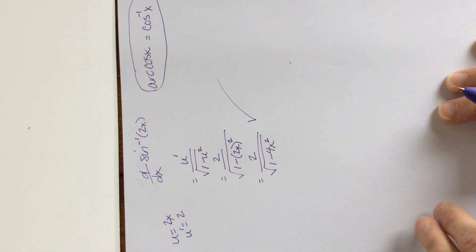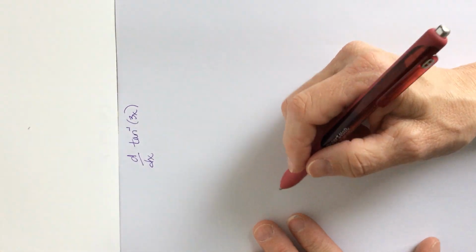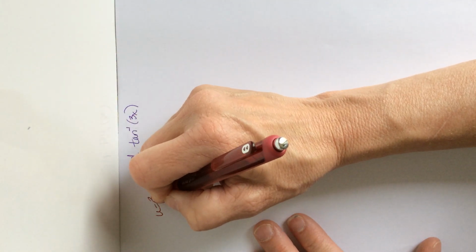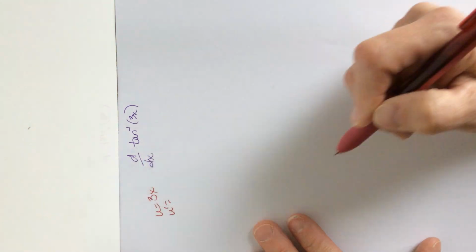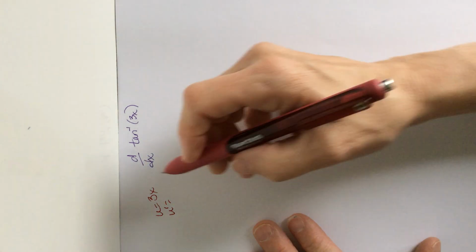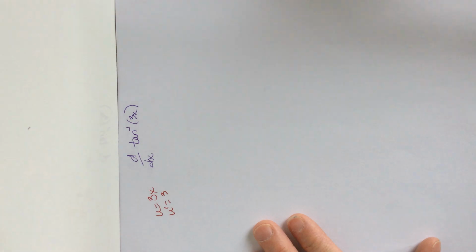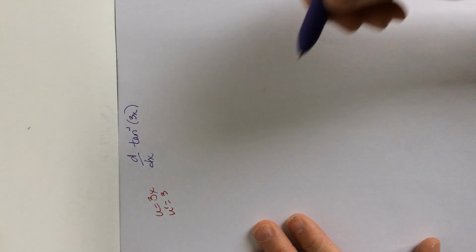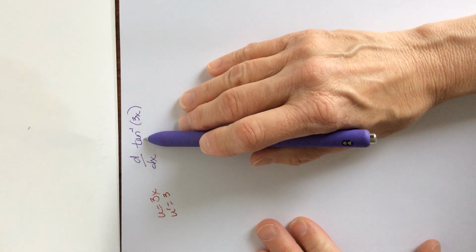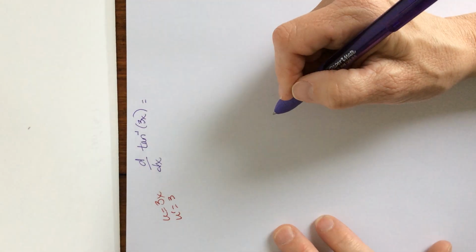All right. Next one, another u approach. I'm going to let u equal 3x. We will need u prime, and that will be 3. So the formula for finding the derivative of the inverse tangent, I'll go ahead and write it right here.